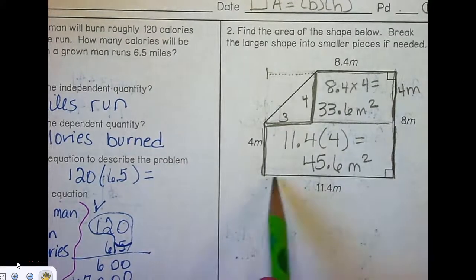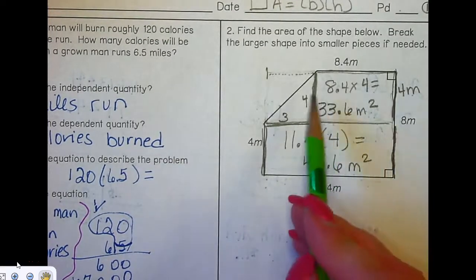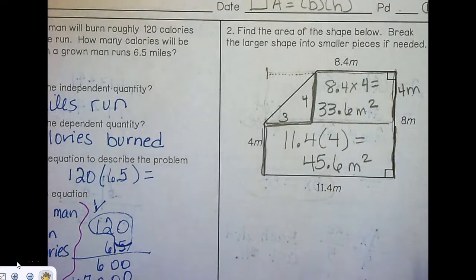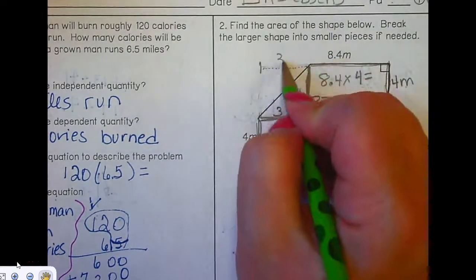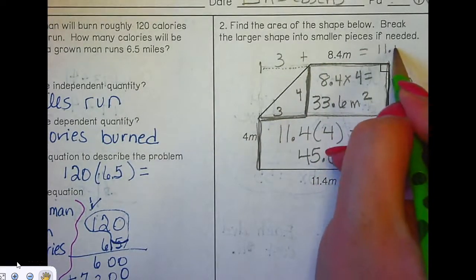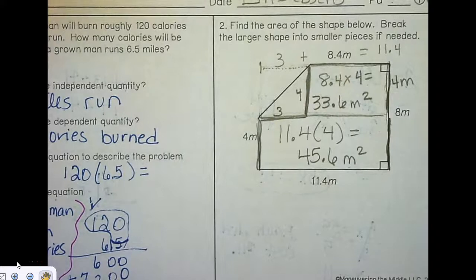Yes, this 11.4 minus 8.4 gives us 3. Or we could say this 3 plus 8.4 equals 11.4. Does everyone see that? To me, that was the hardest part students had in 6th grade, was finding the things that look like they were missing dimensions. Sometimes you have difficulty seeing that.